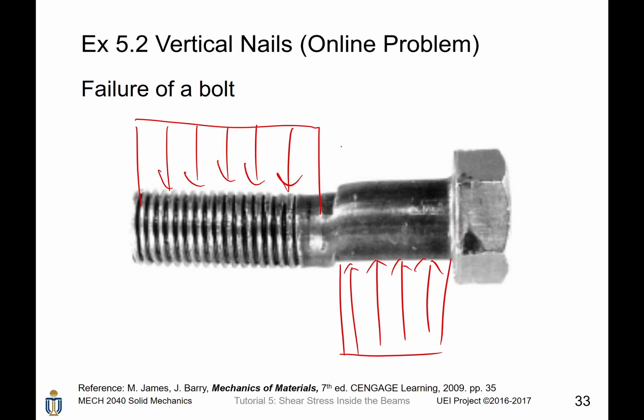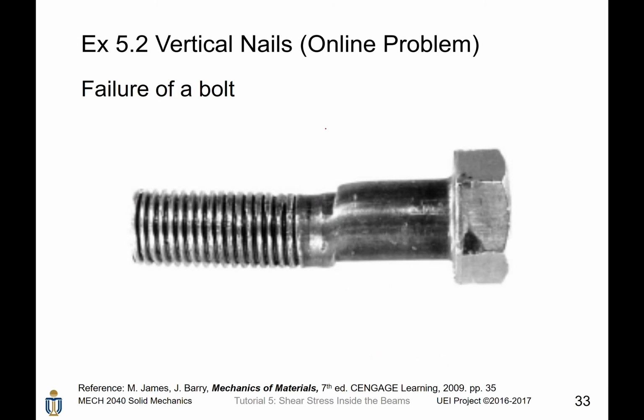But for this section, in case those two distributed loads are different, then there will be a shear force located in between. For this section, I guess there is an overwhelming shear force that made this bolt fail.